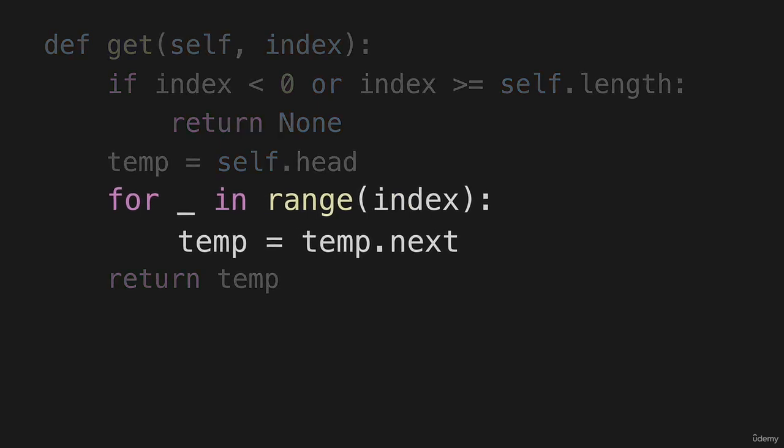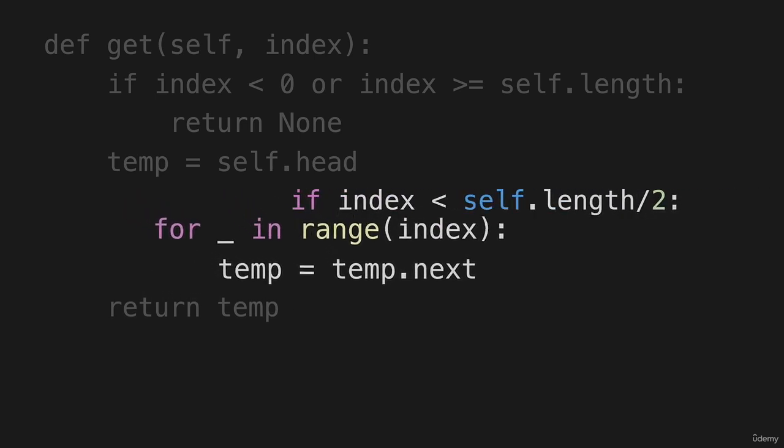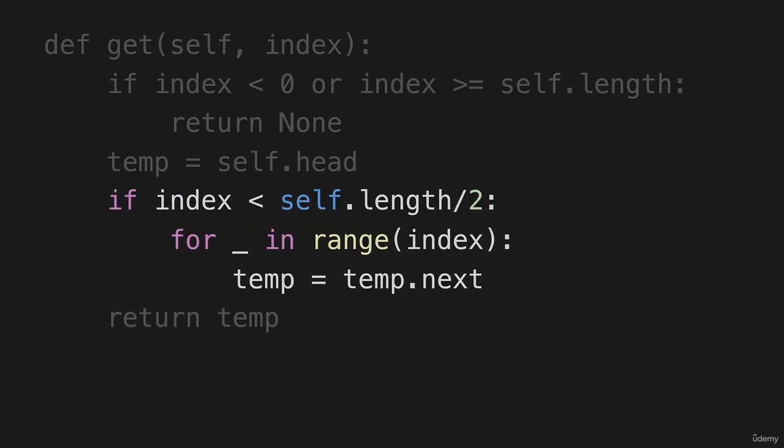So you only want to do this for loop here if the item you're looking for is in the first half of the list. So we're going to say if the index is less than self.length divided by 2, in other words, it's in the first half of the list, only then do we run this for loop. So if it's not in the first half of the list, it's in the second half, obviously. So we'll say else.